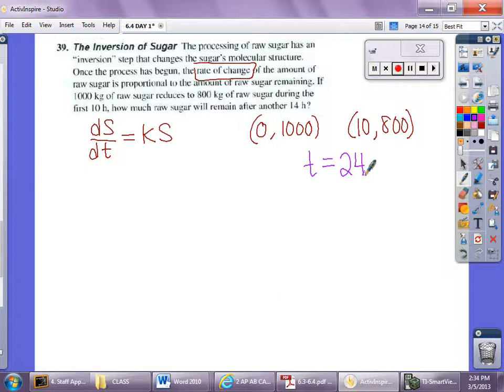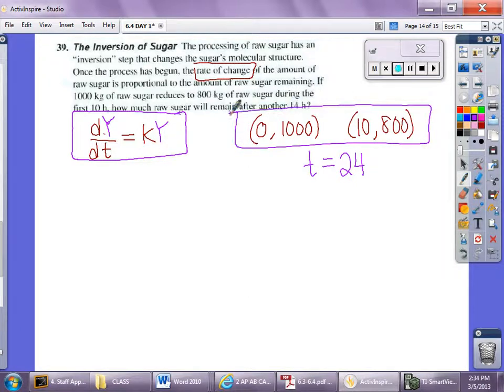You would end up using the differential equation to solve for the formula S. If it confuses you to use an S, you can always use the y, just like we did a second ago. From there, you would substitute in the 2 points. What's nice is they actually gave you the A value sitting right here. You would use the other point to solve for k, and then substitute in your time.